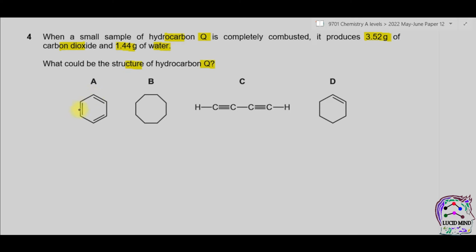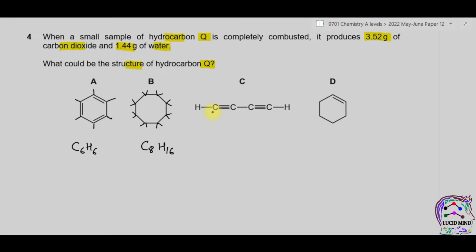So the first one is in which we have 6 corners, so it means 6 carbons are there. With each carbon there is 1 hydrogen also present, because carbon makes 4 bonds. So the formula for A is C6H6. For B, we have 8 carbon atoms, so C8, and with each carbon we have 2 hydrogen atoms, so 16 hydrogen atoms.